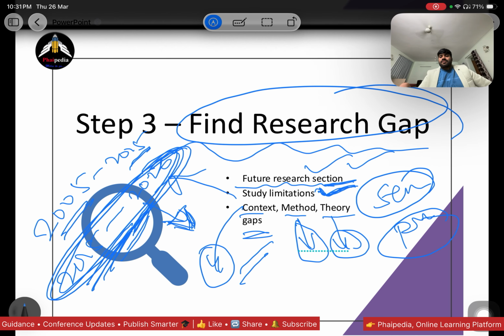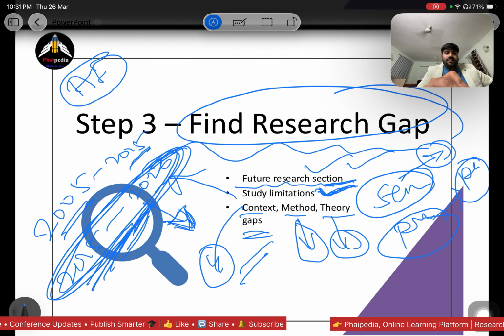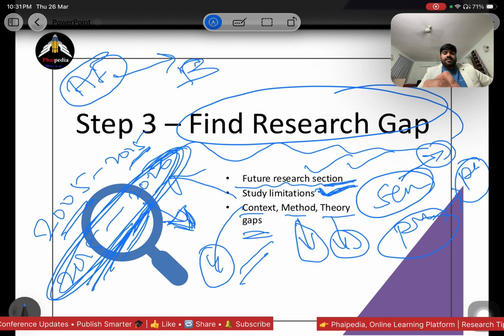If one has done their research on service supply chain, I can do research with product supply chain. One is doing research with, we can say, AI, then we can do research in operations.